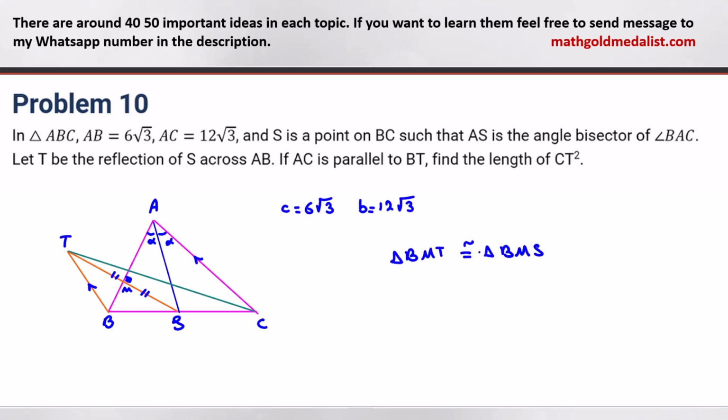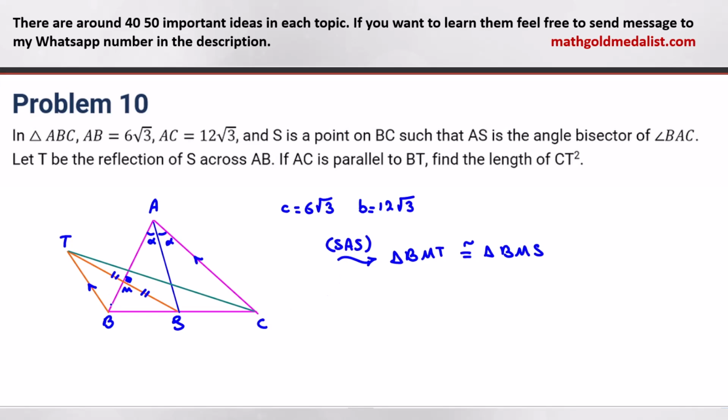You should use angle chasing. You should find similar triangles, congruent triangles, cyclic quadrilaterals, and we have lots of important ideas, 40, 50 important ideas in geometry. And if you want to learn them, you can send a message. By which criteria are these two triangles congruent? As you can see, this common side, these two equal, and the angle 90. So two sides and the angle between.